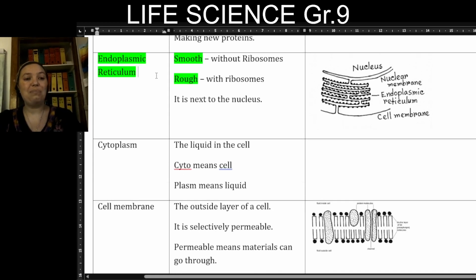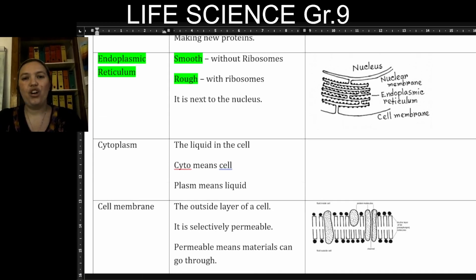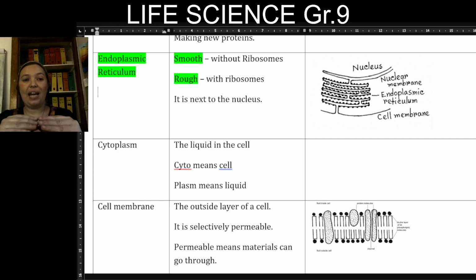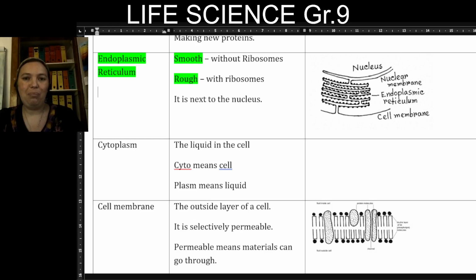For endoplasmic reticulum, endo means inside, plasmic, so it's like inside the plasma, inside the cytoplasm of the cell.